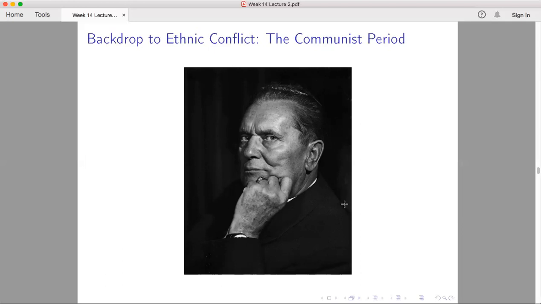Now, Tito is a totalitarian leader, right? Very authoritarian in his stance. But he is kind of a magnetic leader in terms of how he shifts the conversation and the perception of ethnic tension in Yugoslavia.